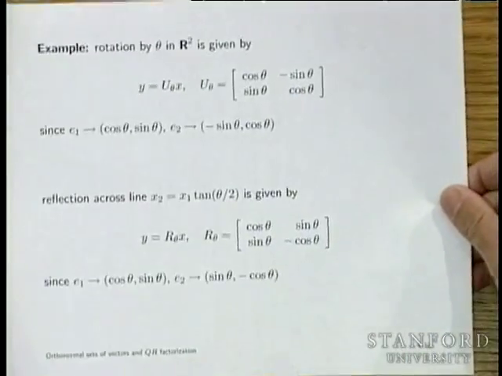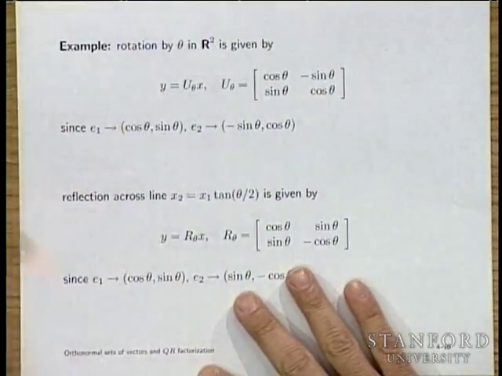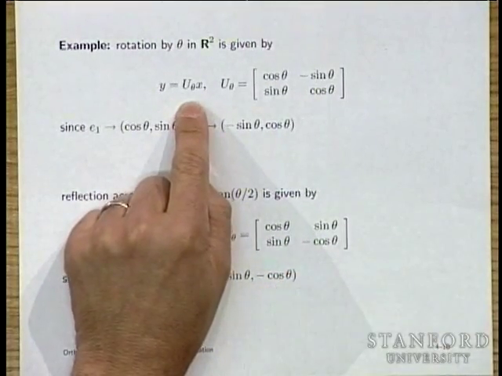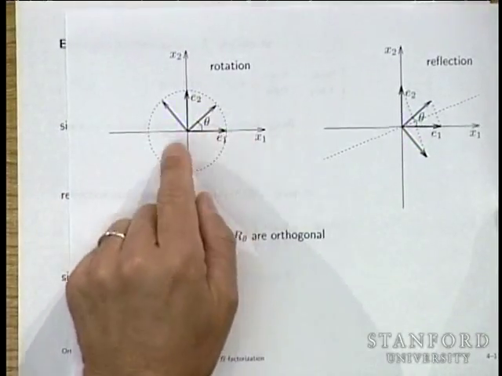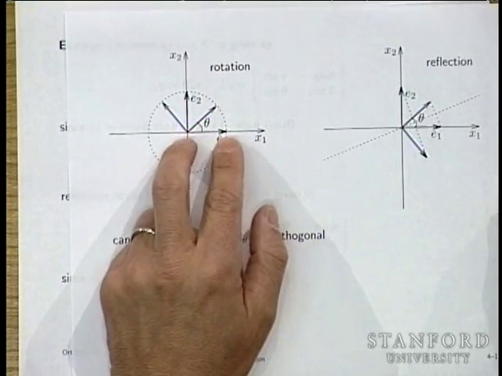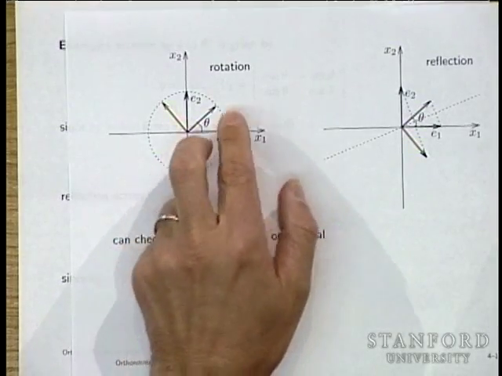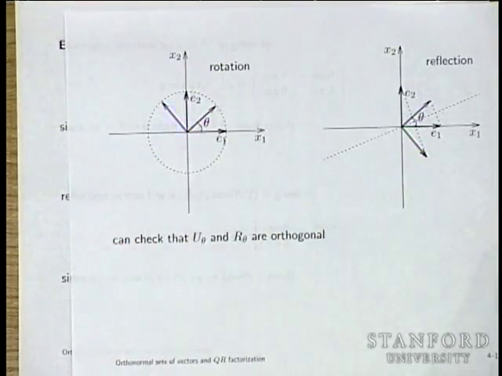Let's look at some examples in R2. In R2, this is pretty straightforward. If you just want to rotate by theta degrees, the way to work out the matrix is quite simple. The first column of that matrix is the image of e1, because we know A e1 gives you the first column. So it's going to be cosine theta, sine theta.